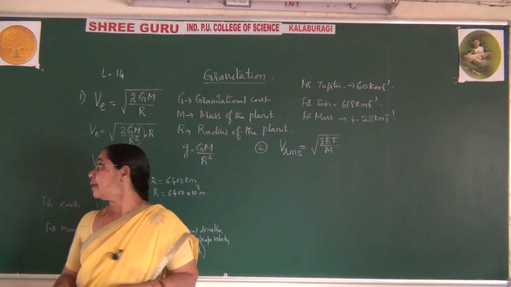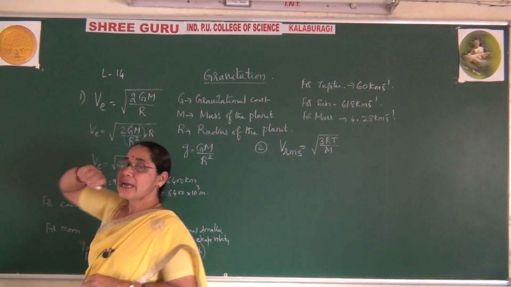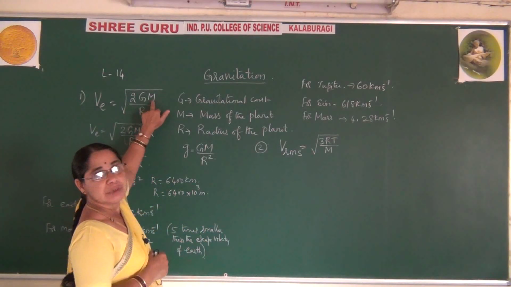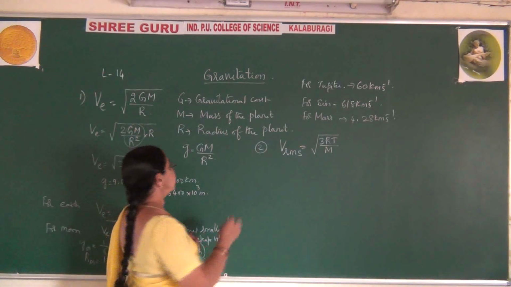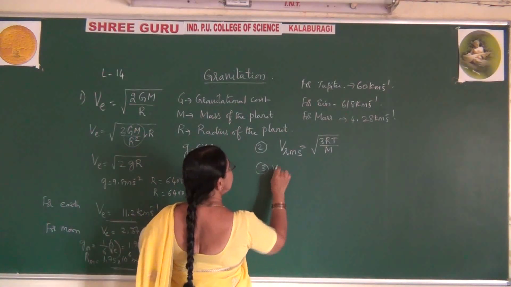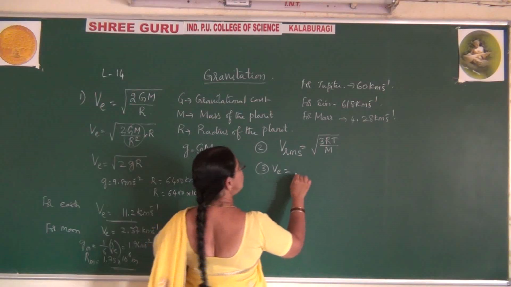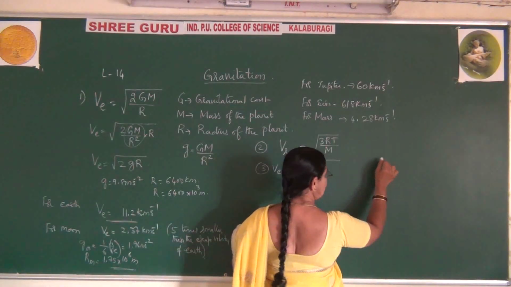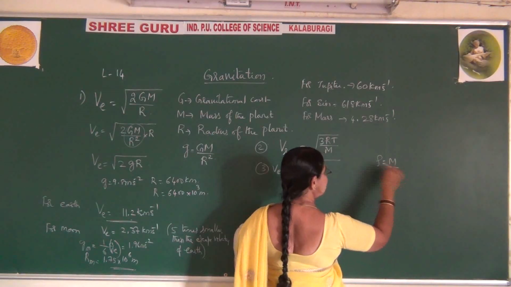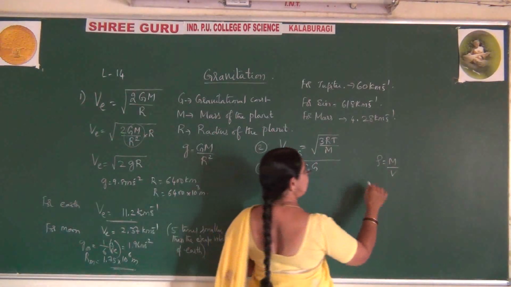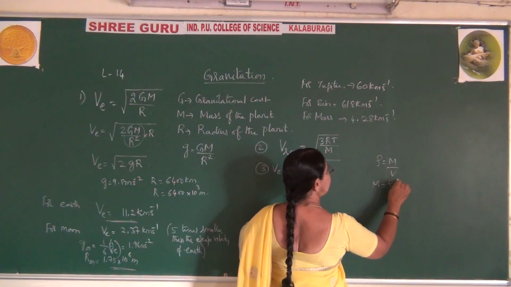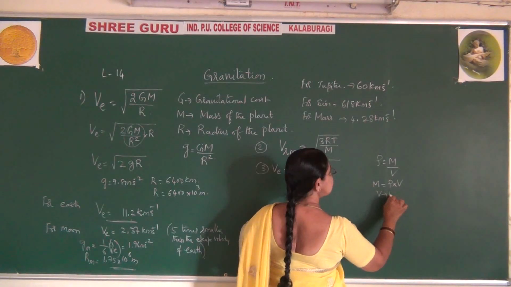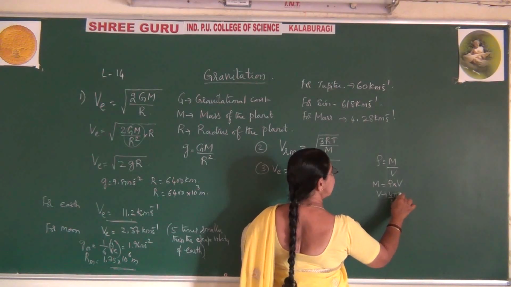Okay, and now one more point I want to say. Using this formula, I will give one more formula using density and volume. If I take the formula VE is equal to root of 2GM by R, we already know density is equal to mass by volume. In the previous class we learnt that capital M is equal to rho into V, where V is the volume of the sphere, that is 4 by 3 pi r cube.